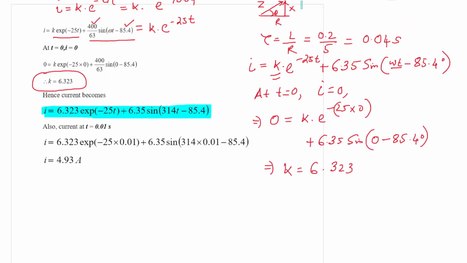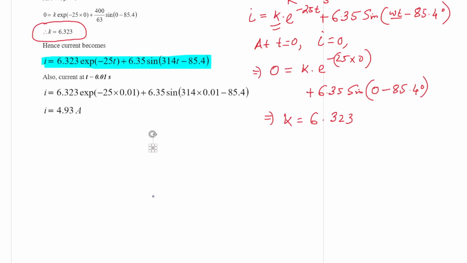In order to solve for t is equal to 0.01 second, you just need to put t is equal to 0.01 in this expression.